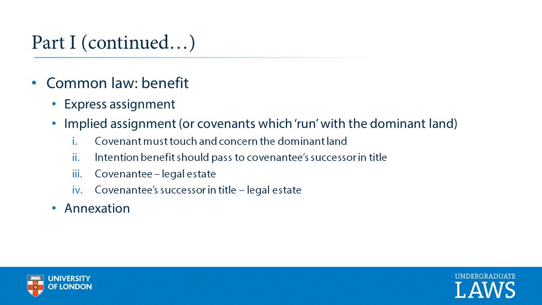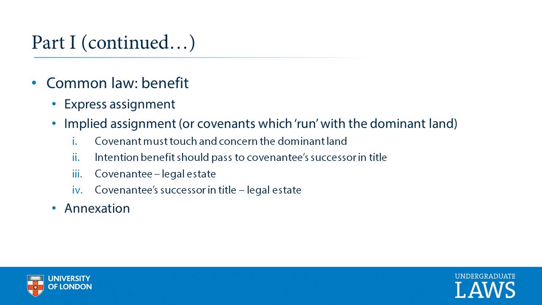You will see that effectively the assignment must be in writing, and the person who is subject to the obligation must be notified that the benefit has been assigned. Let's now consider the implied assignment of the benefit of a covenant.